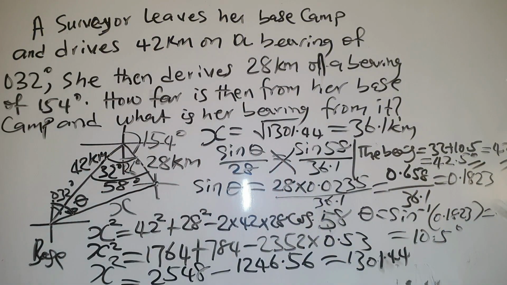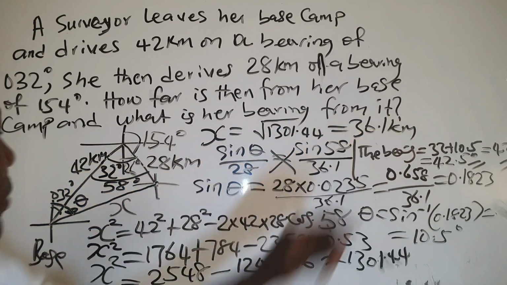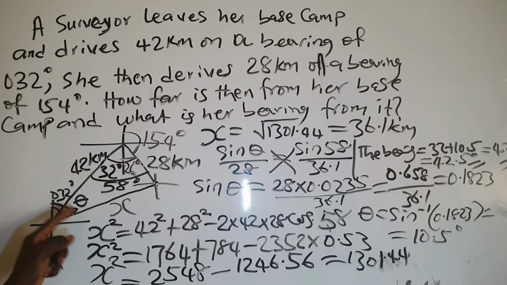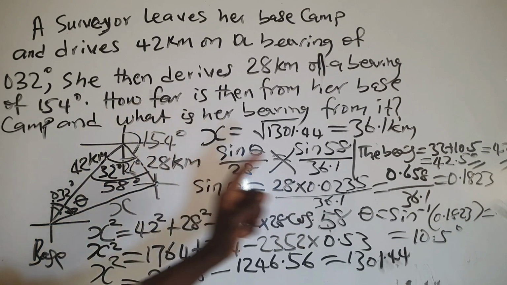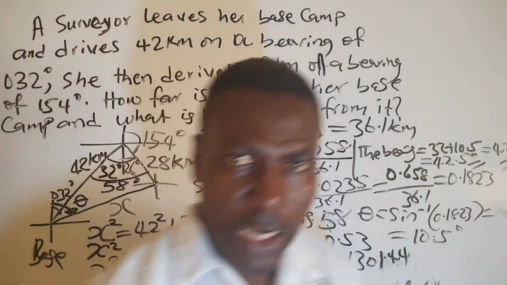Okay, so that is how to solve it. The distance here is 36.1 kilometers. Then the bearing of the lady from here, which will start from here to touch the line, is 42.5. That is how to solve it.